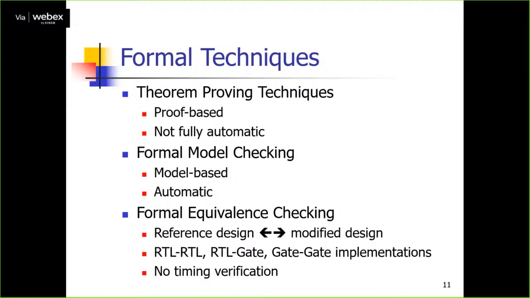The second one is model checking, formal model checking. In formal model checking, we go with your model to be presented, and it will be considered at a block level.